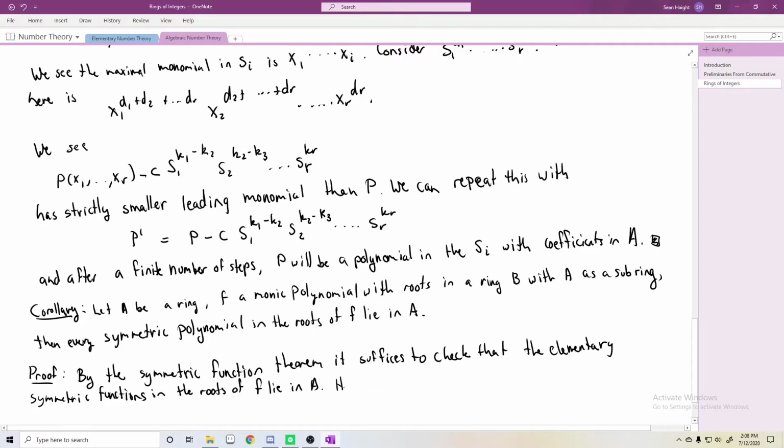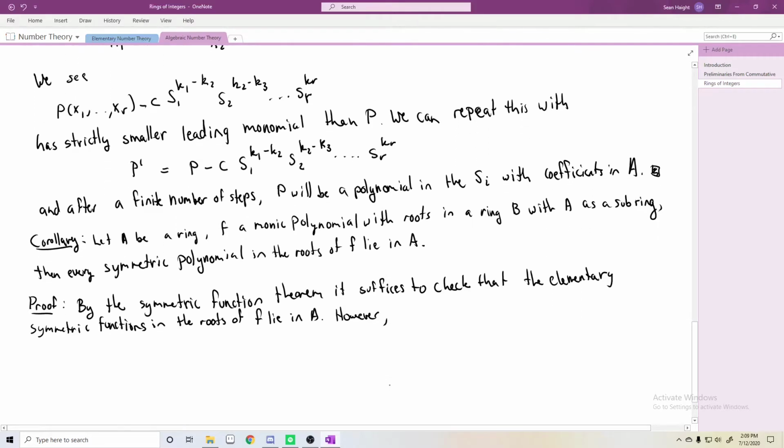However, okay, let's say f factors like this over B. Let's say f of x equals this guy, the product of x minus alpha i.